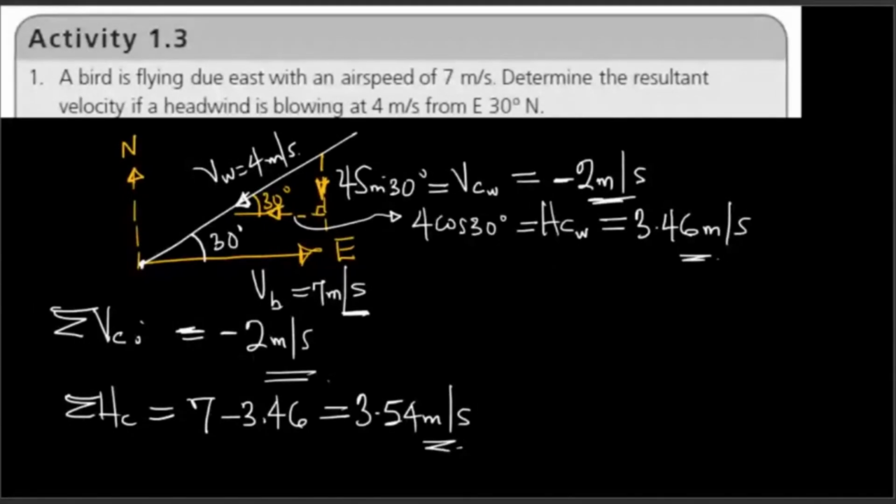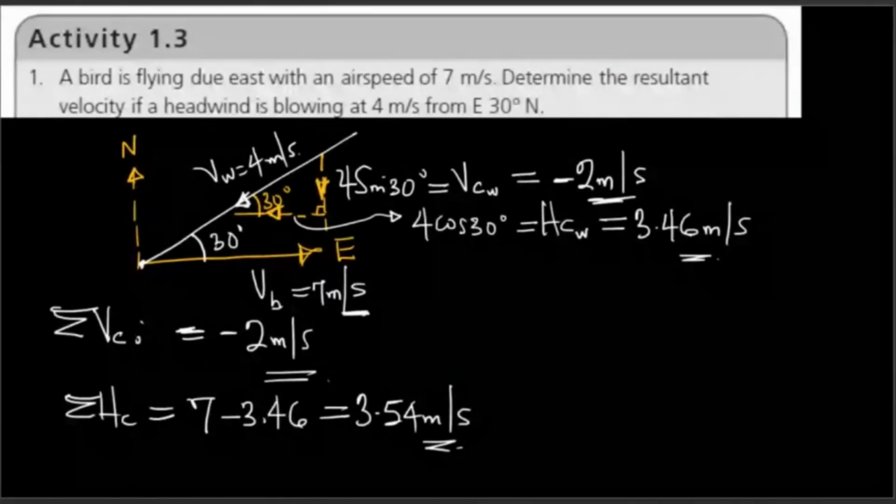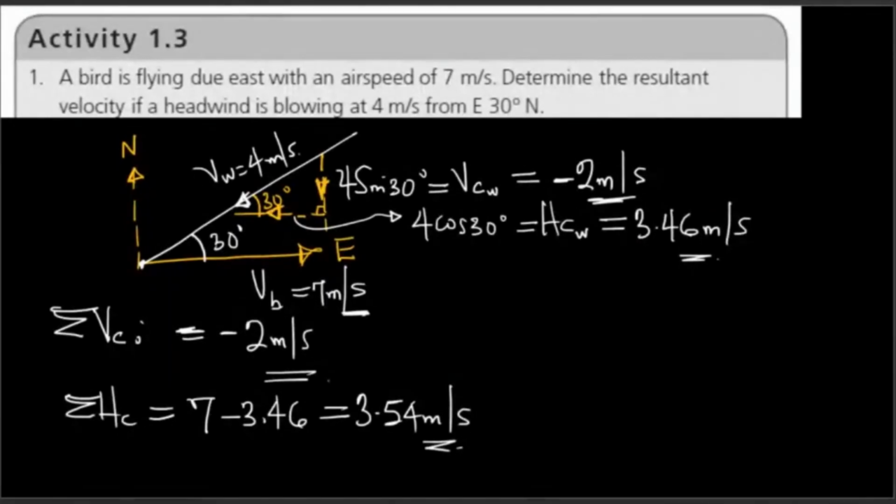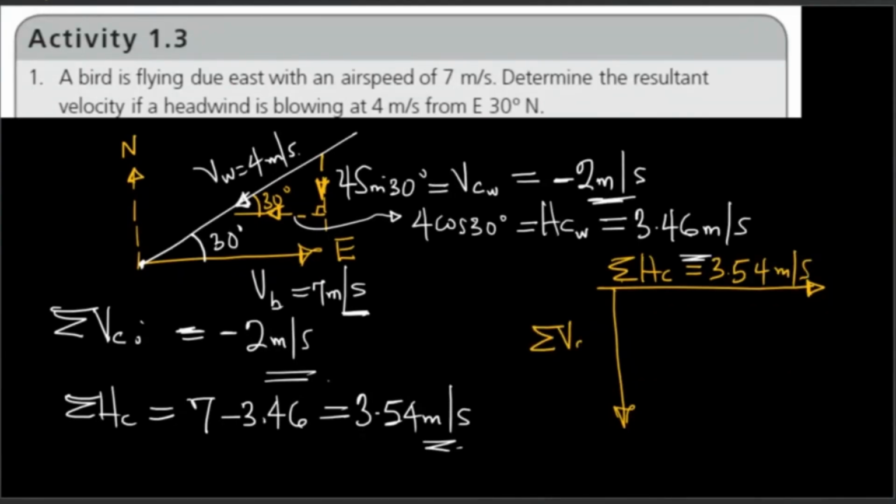So now we need to find the resultant. How do we find the resultant? This one is facing downwards. The horizontal component is 3.54 meters per second, and this is 2 meters per second.